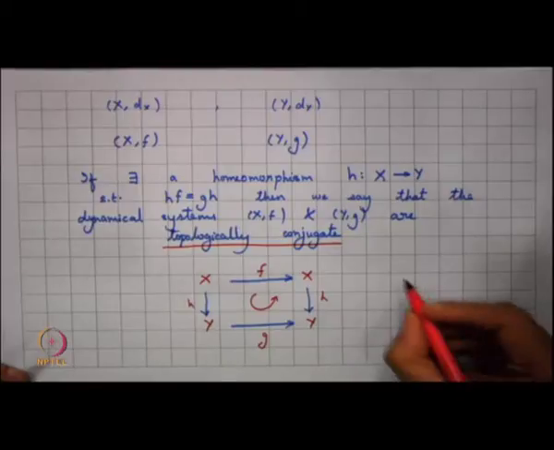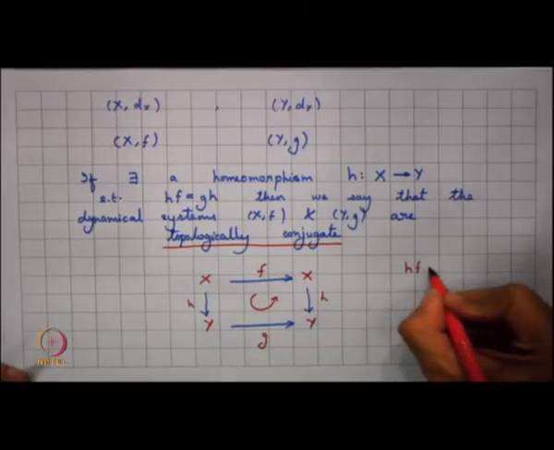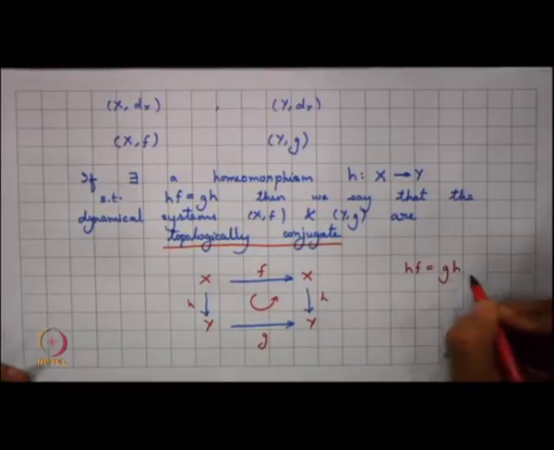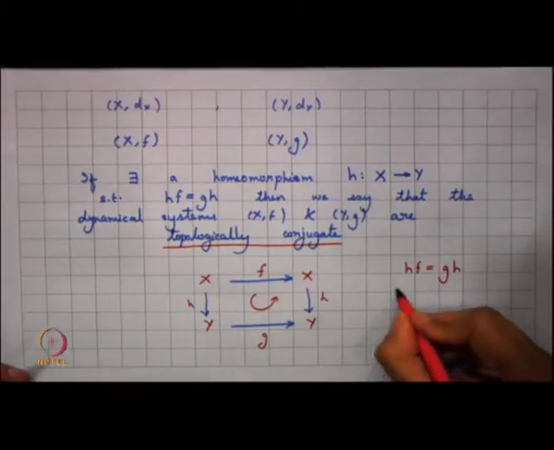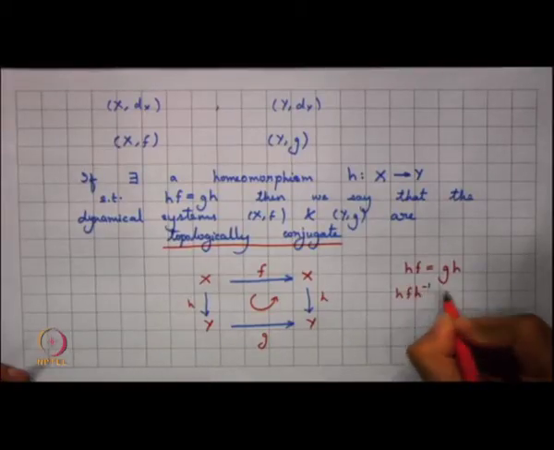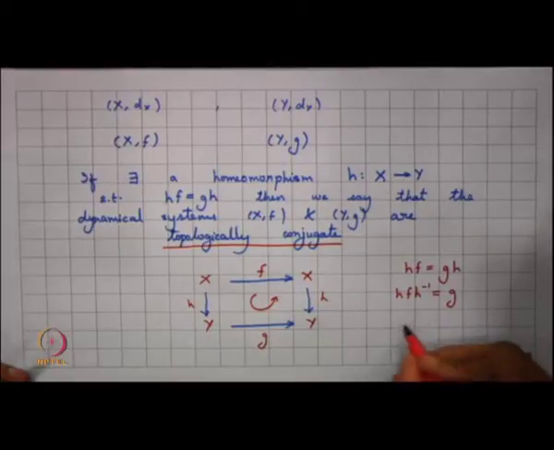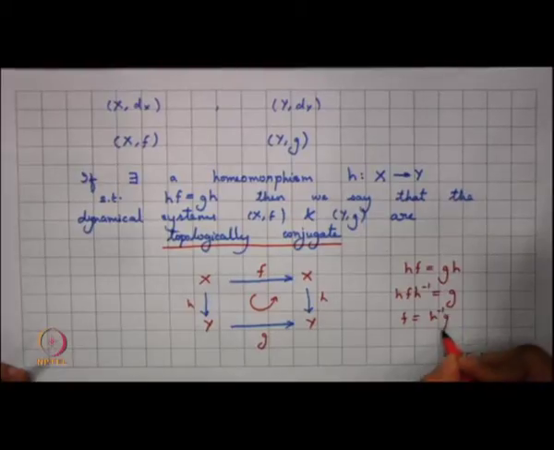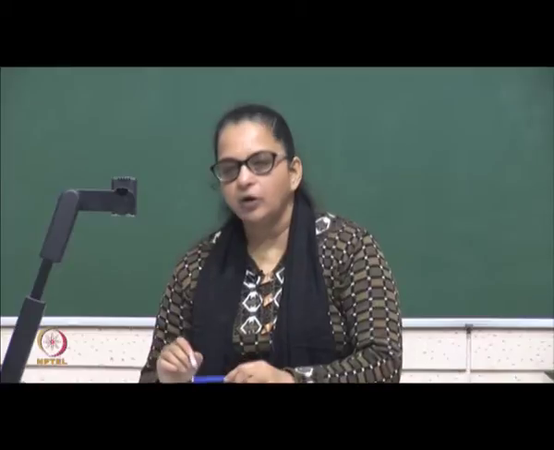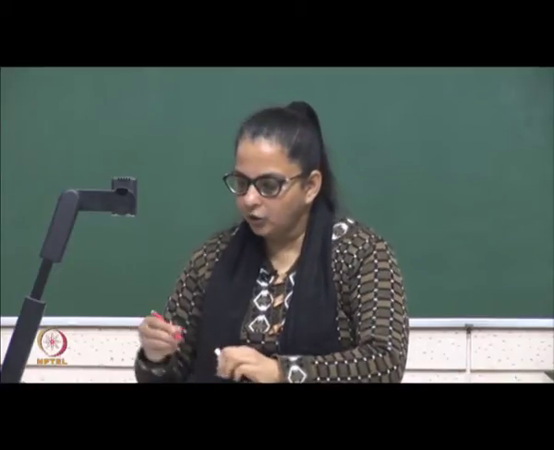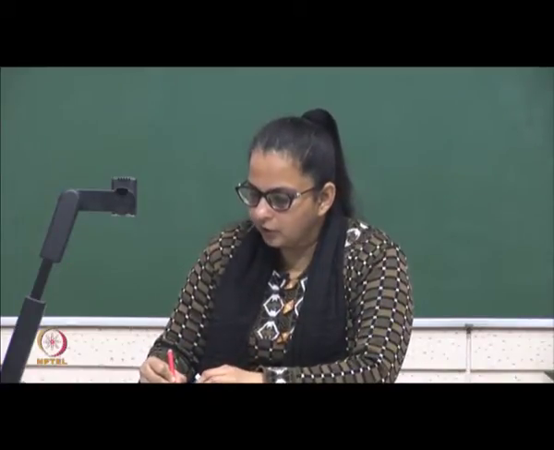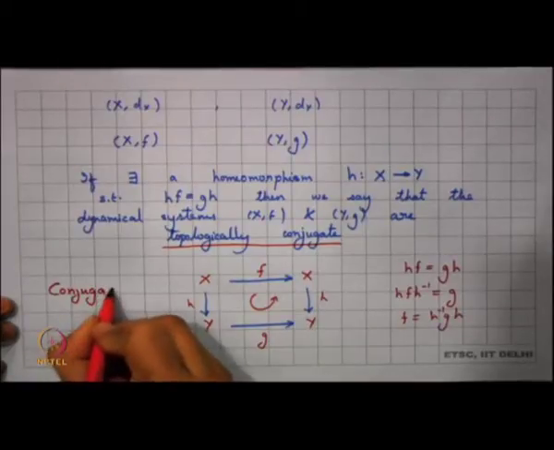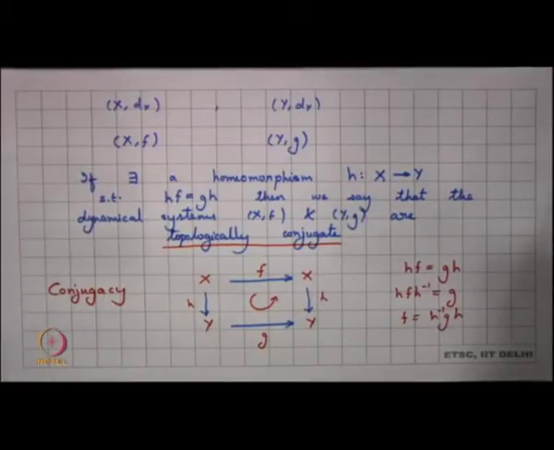So I can say that h f equals g h, or I can write g as h f h inverse, or I can say that f is the same as h inverse g h. That is what we mean by topologically conjugate, and we call this a conjugacy. What are the properties of topologically conjugate systems?